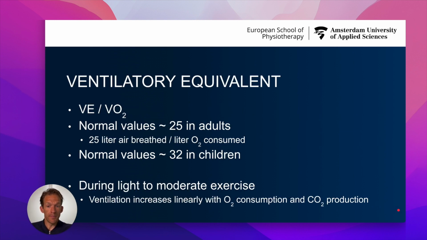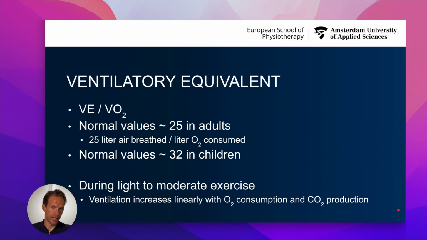If you look at the amount of ventilation compared to the amount of O2, then you see that in normal healthy adults, roughly per liter of O2 that you need for the consumption, you would actually ventilate around 25 liters. Interesting to see is that in children, this ratio is higher, which means that children actually need to breathe more per liter of O2 that they actually want to consume.